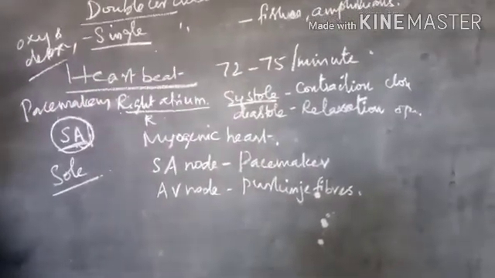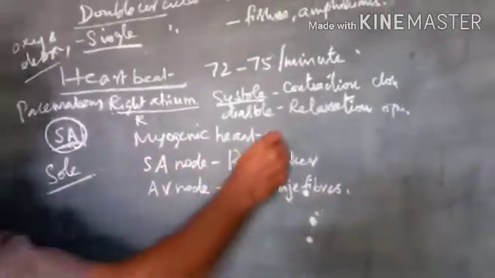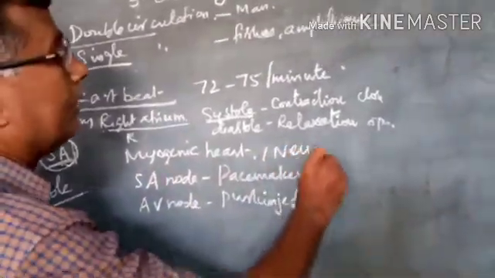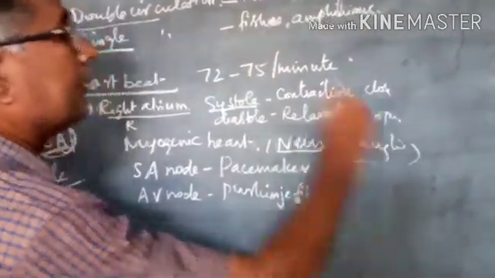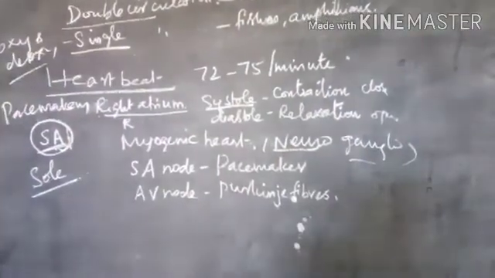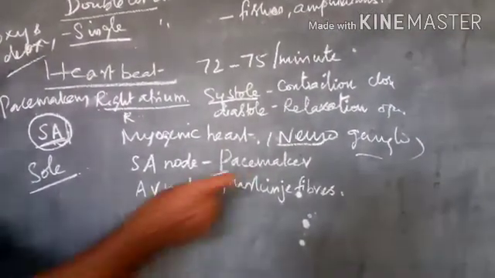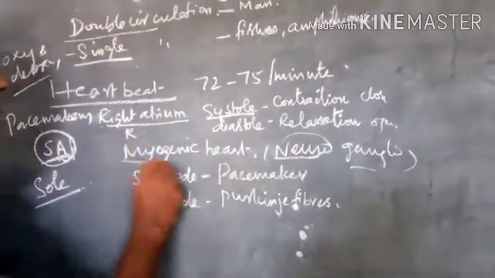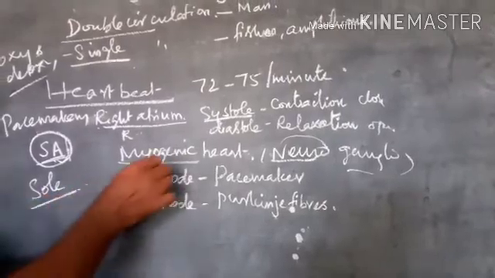Understand? Then the heart is divided into myogenic heart and neurogenic heart. Where ganglia are present, it is a neurogenic heart, as in arthropoda and annelida. We have a myogenic heart, where the heart is made up of only muscles.